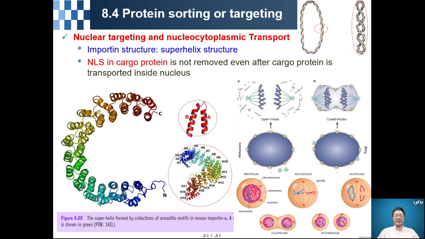Usually the cargo protein which has an NLS sequence binds here. And also the NLS sequence in the cargo protein is not removed even after the cargo protein is transported inside the nucleus.